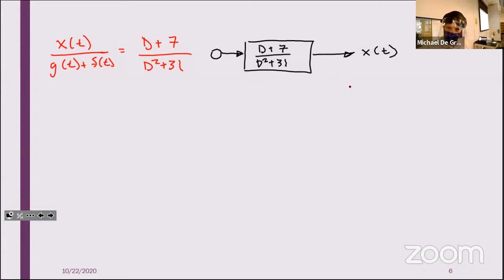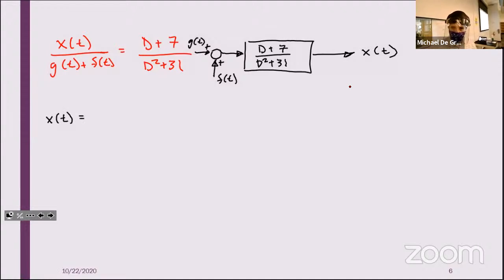What is this signal? F of t, and g of t, right? What if I wanted to use the other two together?